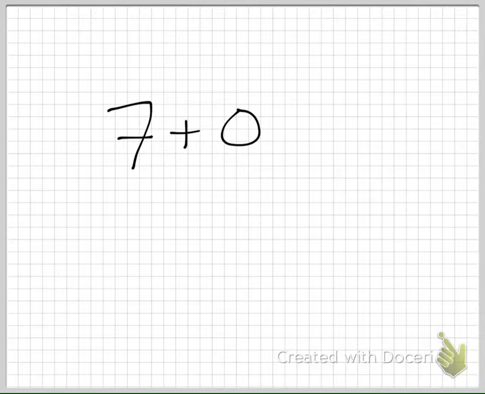The identity property of multiplication, which is called the multiplicative identity property, is this. 7 times 0 is 0. Any number times 0 is 0. 0 of anything. If I have 0 anythings, I have nothing. Right?